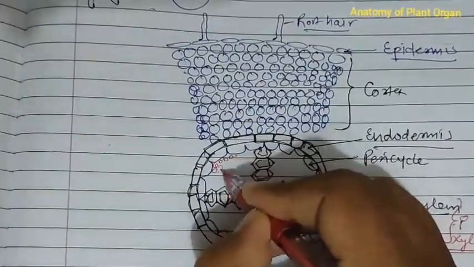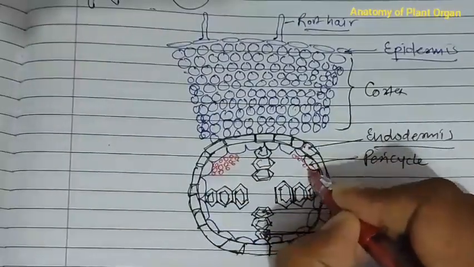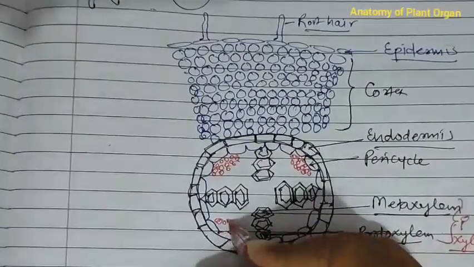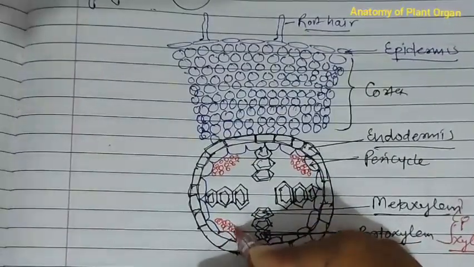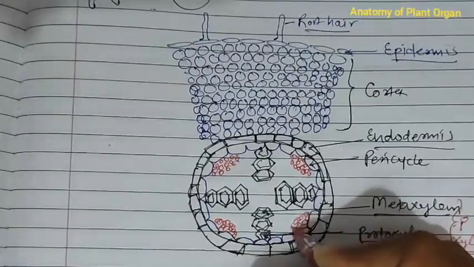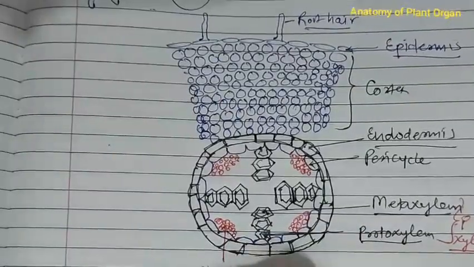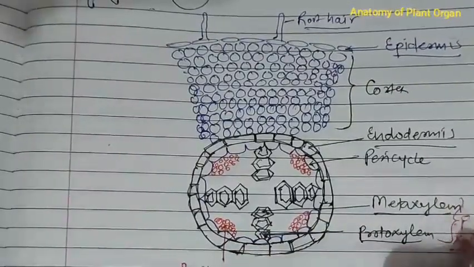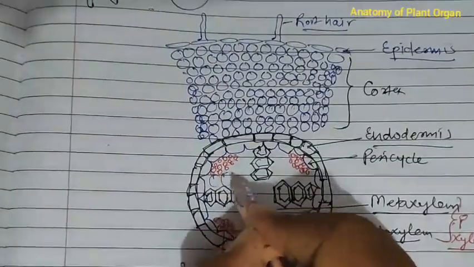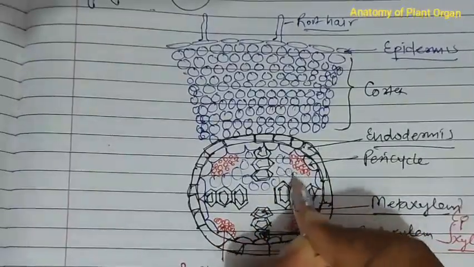So here we observe the arrangement of phloem, and this phloem is primary phloem. This is a primary xylem. Now in between them, the cells which occupy the space are conjunctive tissue.